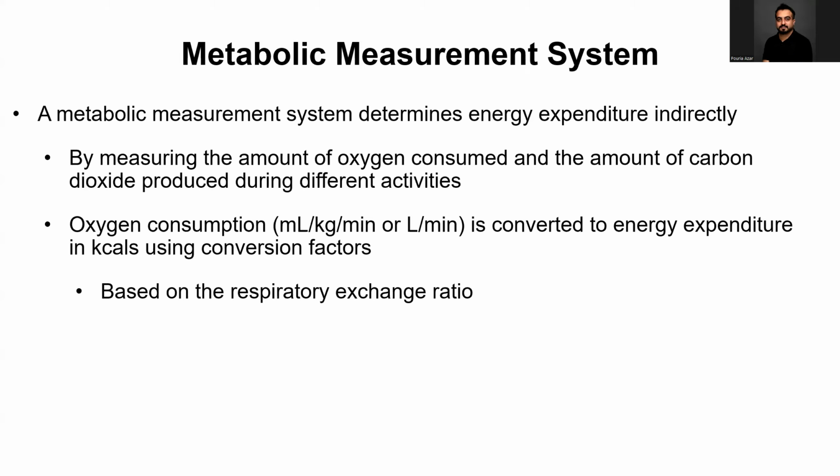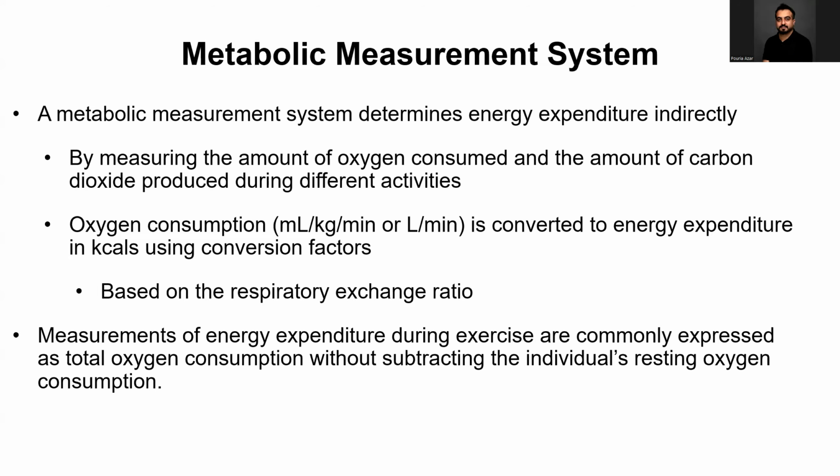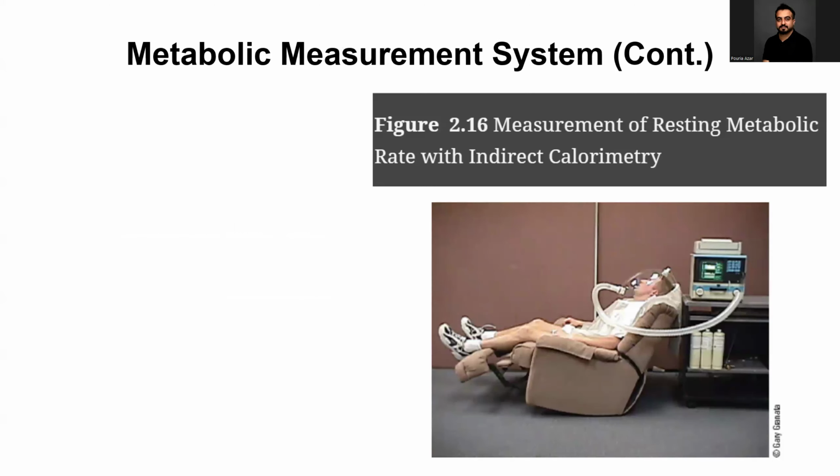We will talk about that later, what the respiratory exchange ratio is. And 1 liter of oxygen consumed equals 5 kilocalories of energy expended. The measurements of energy expenditure during exercise are commonly expressed as total oxygen consumption without subtracting the individual's resting oxygen consumption. And this is very important to mention.